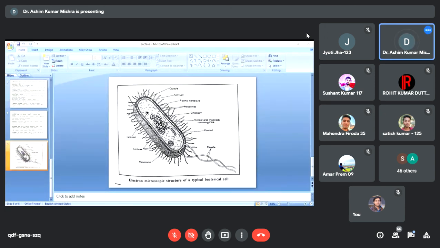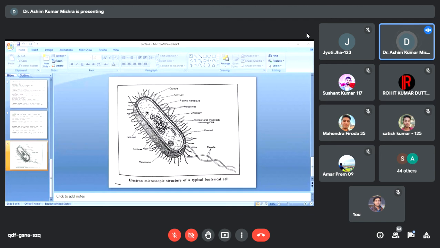But all these are unicellular, is it not? An electron microscope is not present everywhere. I think it is not present in our state also. Only in some very good labs and universities, you can see the electron microscope, like in the animal science department at Pantnagar.